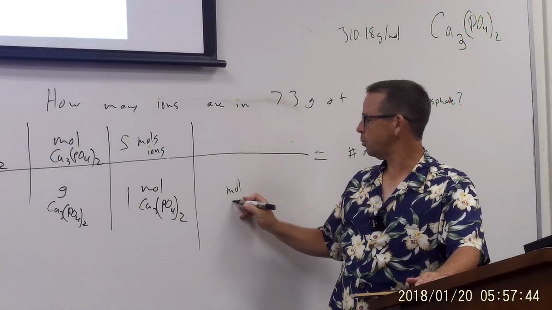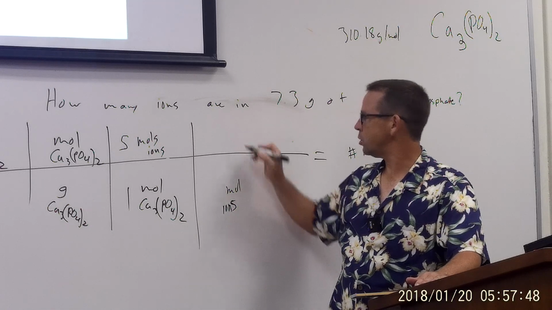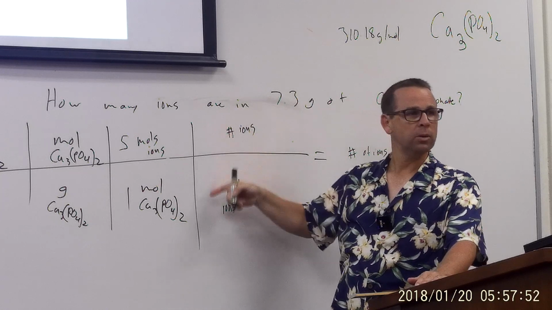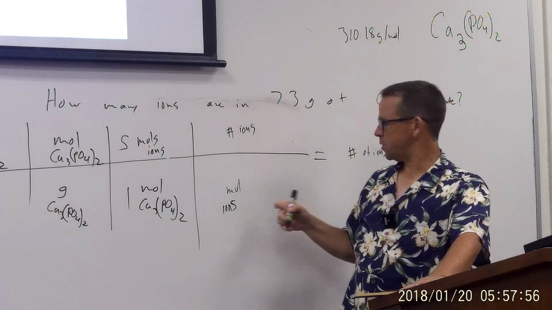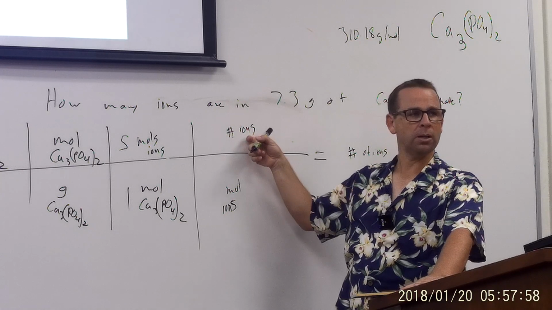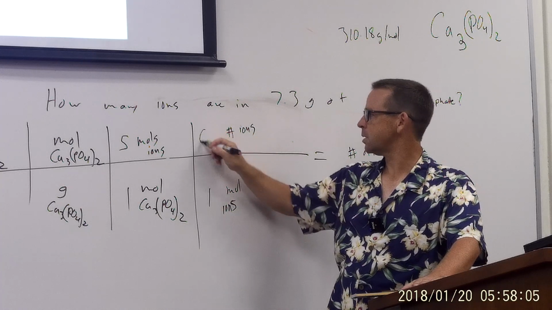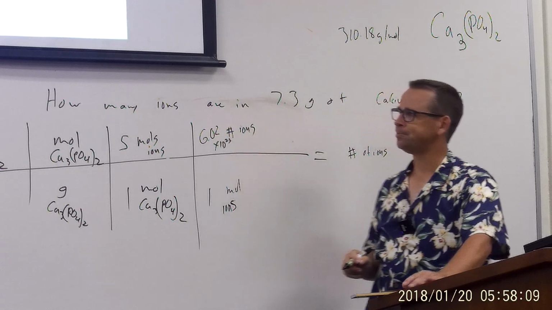And then I can go from moles of ions to number of ions. What's here? What goes here? If this is a dozen, that would be what? 12, right? But because it's a mole, this is our 6.02 times 10 to the 23rd.